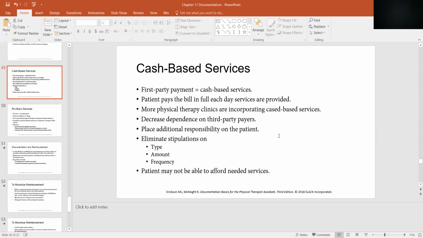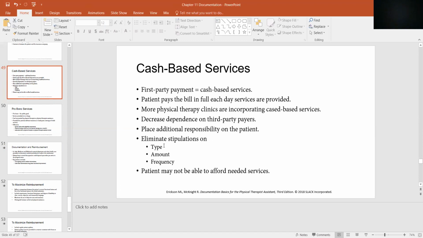The patient pays the bill in full each day the services are provided. As you see, more therapy clinics are incorporating cash-based services, and this helps decrease dependence on third-party payers.